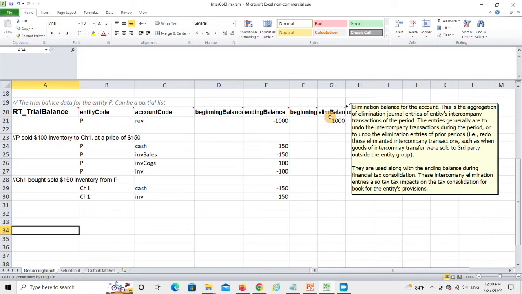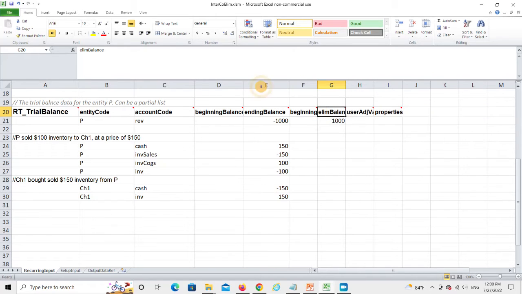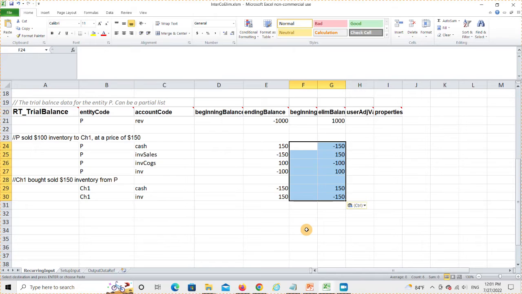So in the elimination fields, we're going to add more data to reverse those transactions. Now here, the original book transaction is all reversed by the entries in the elimination balance field.